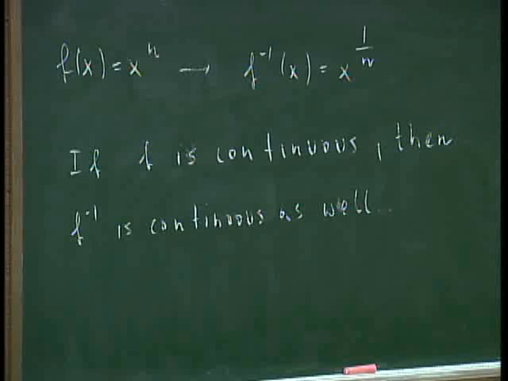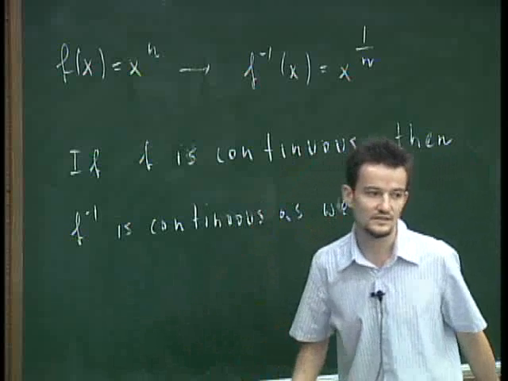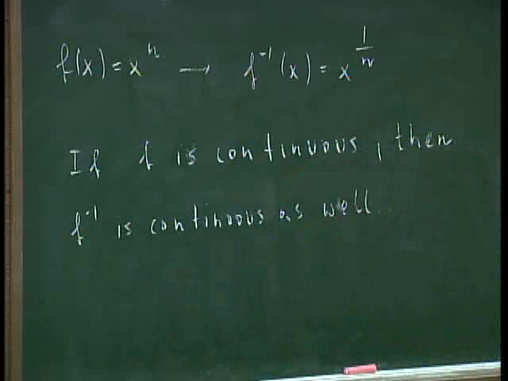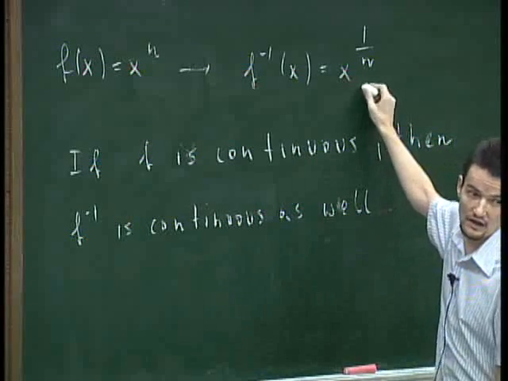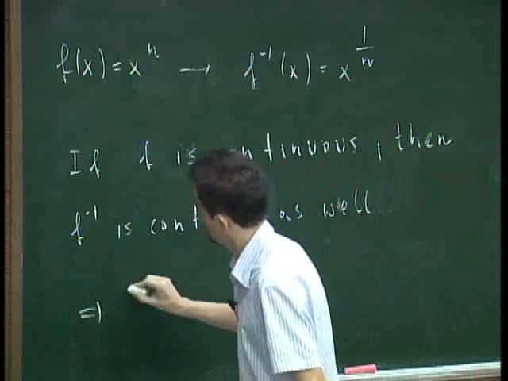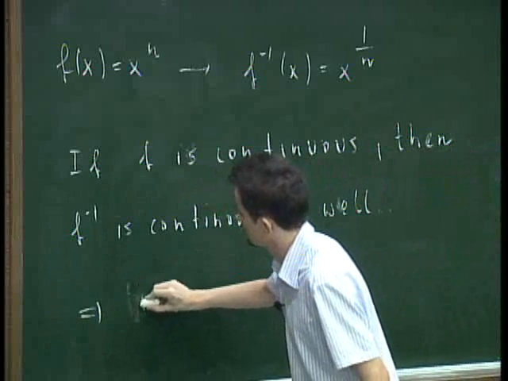If you use the primitive definition of continuous, namely you can draw the graph without lifting your pencil, this will certainly be preserved if you reflect the function about the line y is equal to x. You can also prove it in a more rigorous sense. From this, all root functions are continuous.